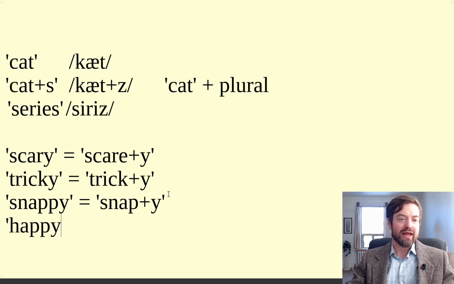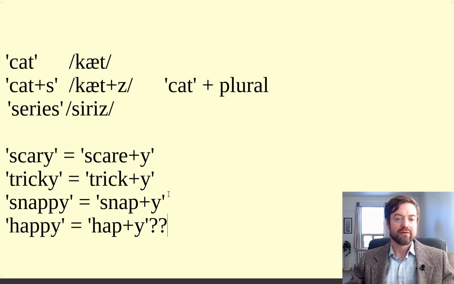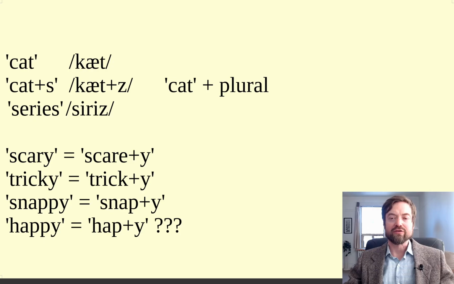And then you get something like happy. Wait, what? Happy? Uh-oh. Here you get into this little trap. In each of these cases, you have a clear other word that is combined with this E ending in order to make the combo word, so that's two morphemes.